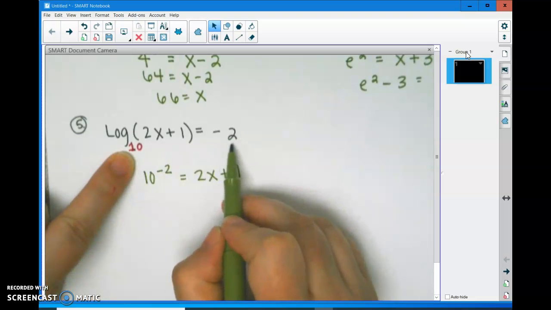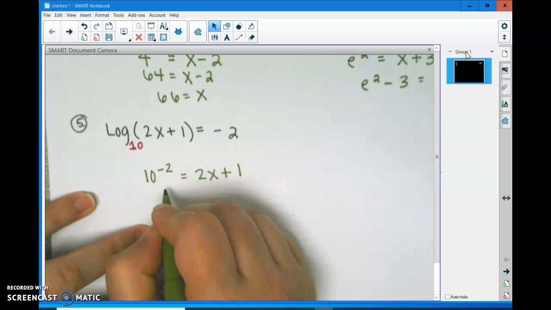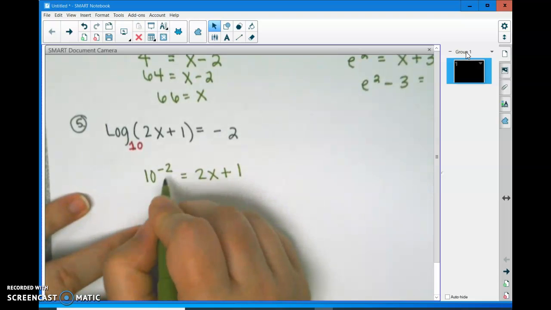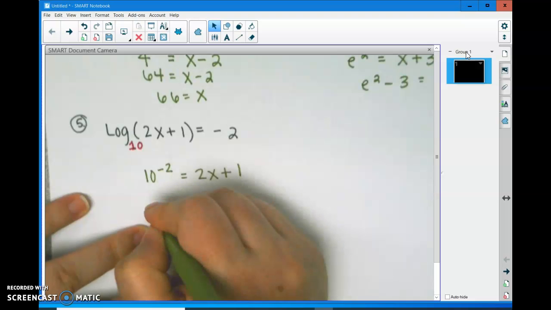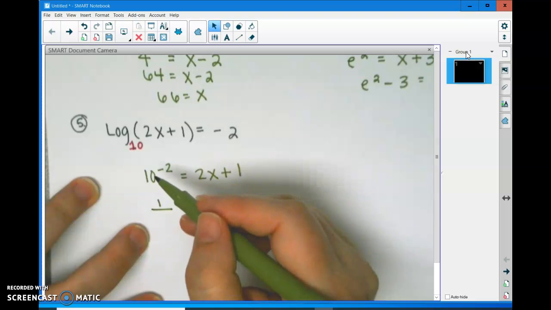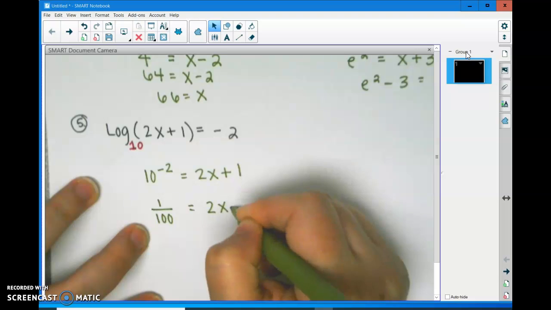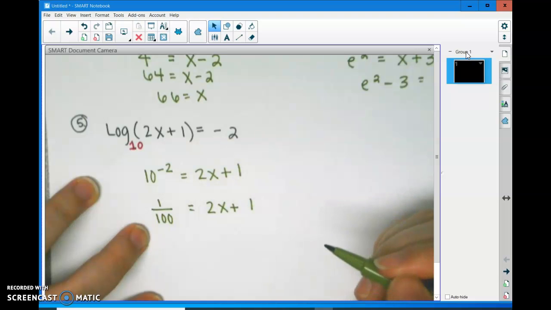This is my exponent, and it equals 2x plus 1. So again, I don't have a calculator, but you can just plug that into the calculator. Just spiraling back to what negative exponents mean. It means the reciprocal, and 10 squared is 100.